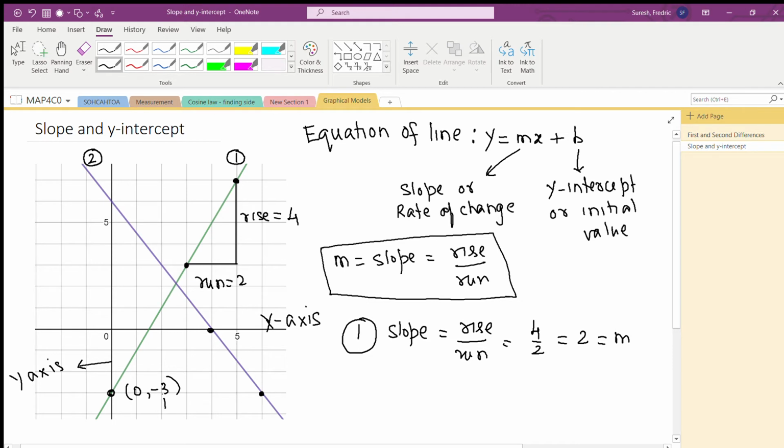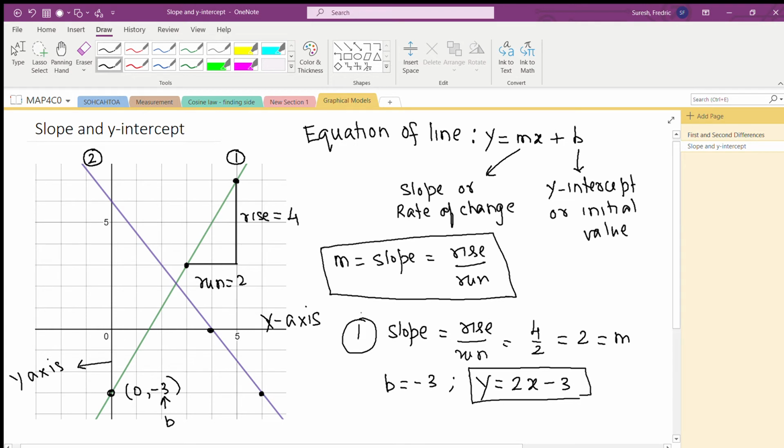This is your y-intercept, so the b value is negative 3. Putting the two together, y equals mx plus b, where m is 2 and b is negative 3, so y equals 2x minus 3. This is the equation of the first line.